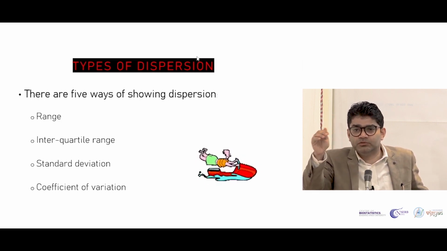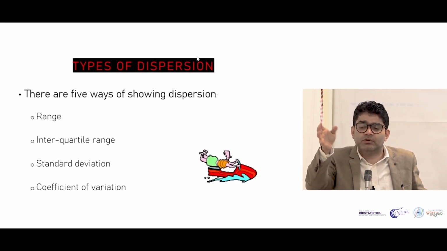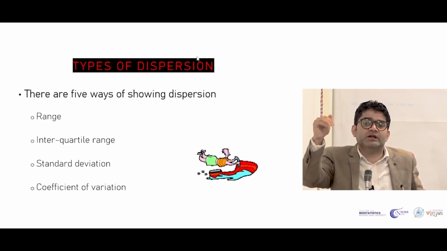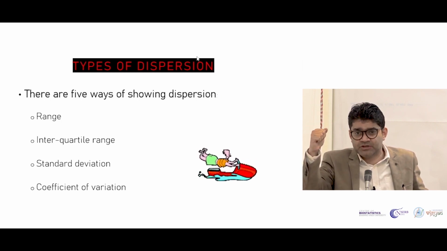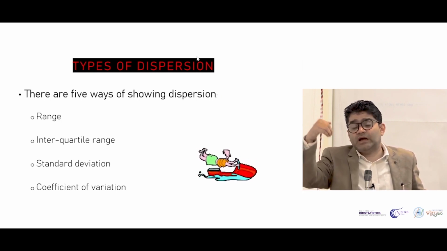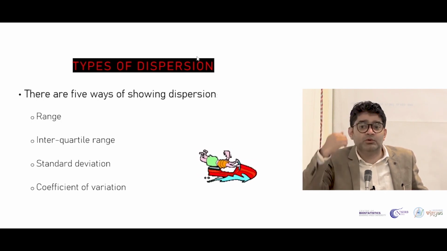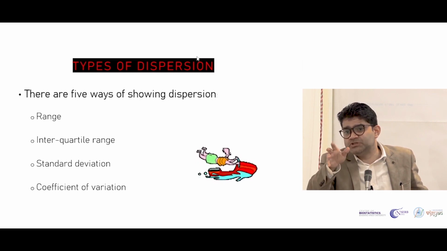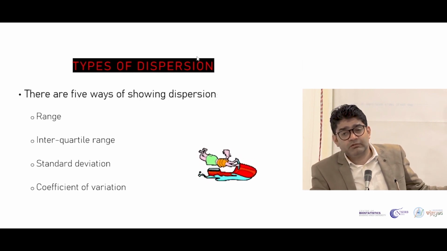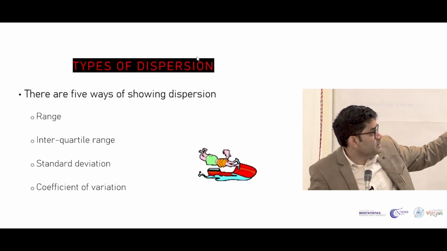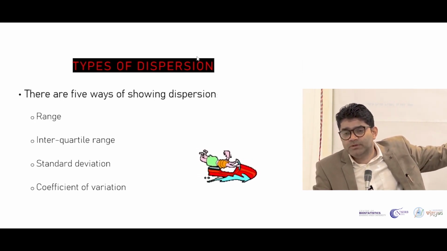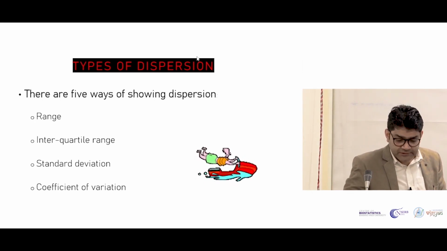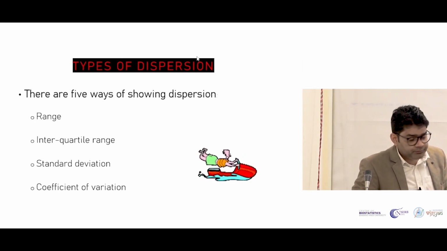Kurtosis value equal to 3, if you are getting that, it is an indication it is following normal distribution. Okay, but if you are getting skewness value in the positive or negative direction, kurtosis value higher than 3 or considerably lower than 3, it is giving you an indication that your data set might be heterogeneous in nature. In that case, go for a scatter plot, then make a box whisker plot. In that case, you would be getting an idea of how much heterogeneity you are having in your data set. Okay.